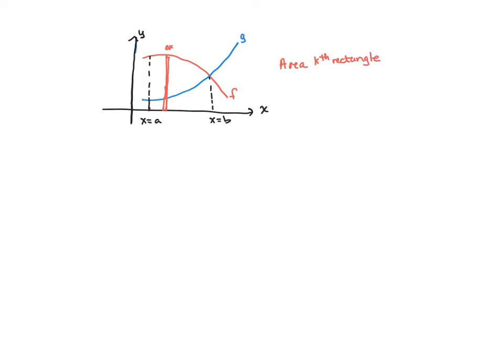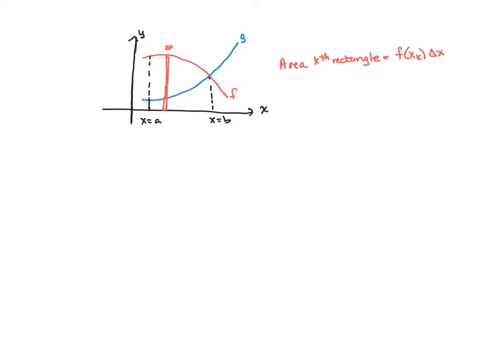Now, we would like to have a rectangle inside the region in question. So the area of the kth rectangle under f is the height, f of x sub k, times the delta x.